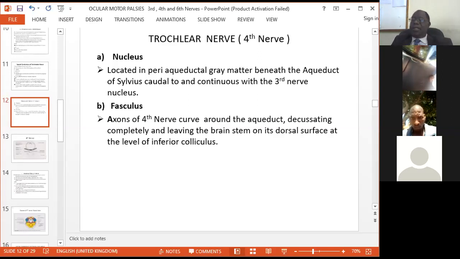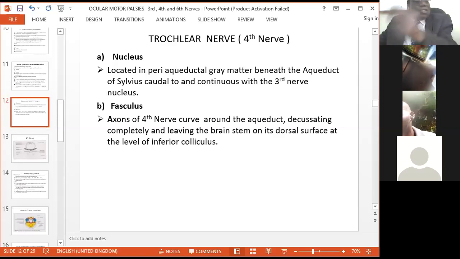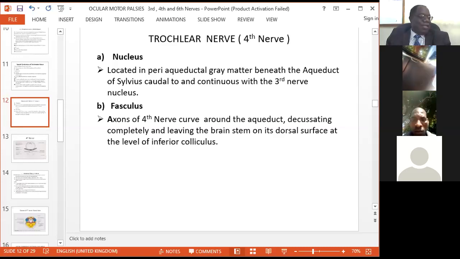What does that mean? It means if the lesion is there, it's the opposite side which is involved because of this crossing over. Decussating means the fibers are crossing over, bypassing the aqueduct. This is where the cerebrospinal fluid passes.